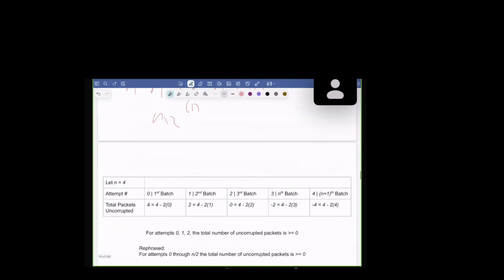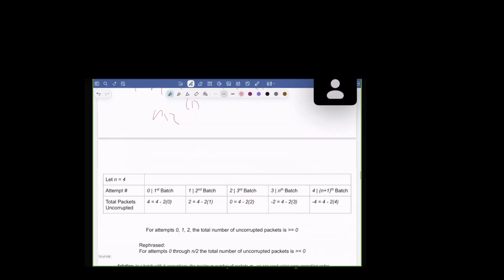I'll just give it out like this to make it cleaner. Pretty much you have the first batch, second, third, fourth, and say the n plus 1th. For attempts 0 through 2, you have greater than or equal to 0 uncorrupted packets. But then the later ones go negative.